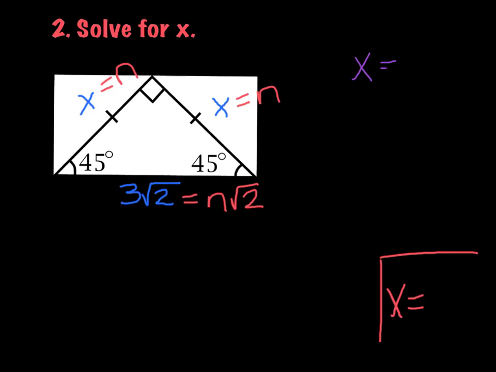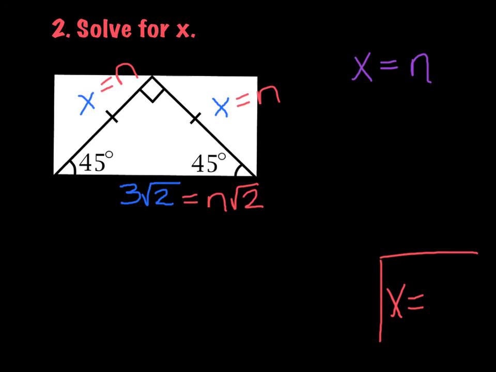X equals n. So if I look back at my problem, back at my triangle, can we figure out what n is? Because if I know what n is, then I'll be done. So this doesn't really help me. Can't really do anything with this. So looking at these two, can you figure out what n would equal? Are you thinking 3?